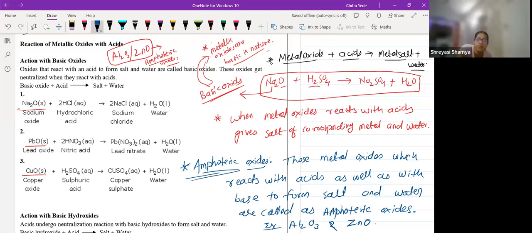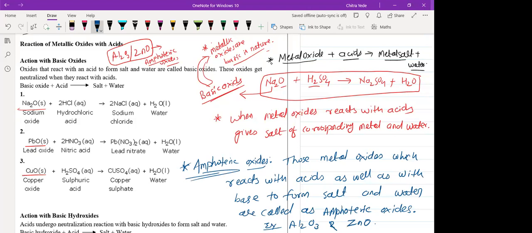Sir, are there more oxides than these two? Generally, these are the ones that show that nature. Other metal oxides react differently.